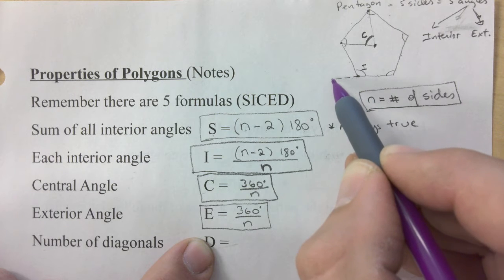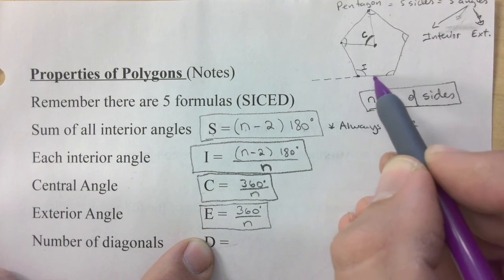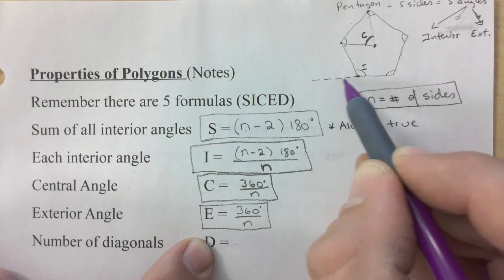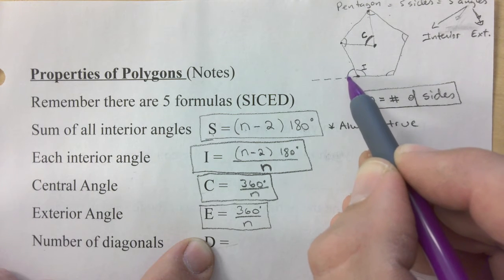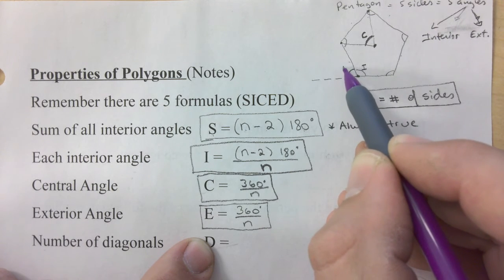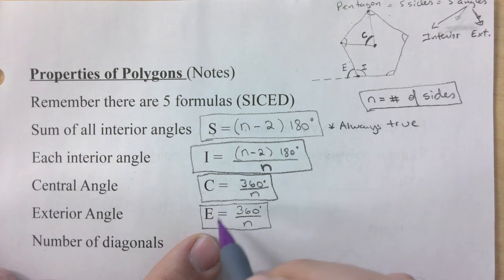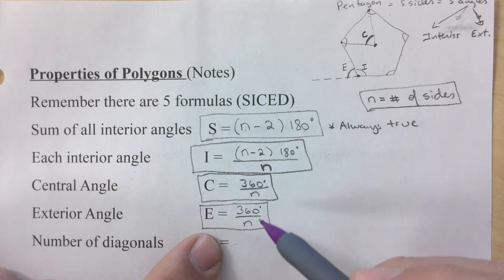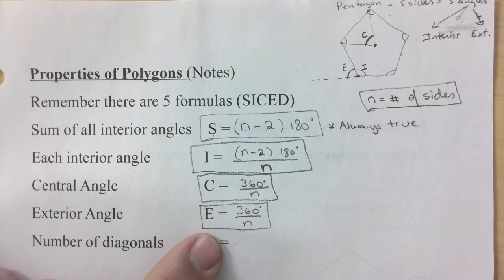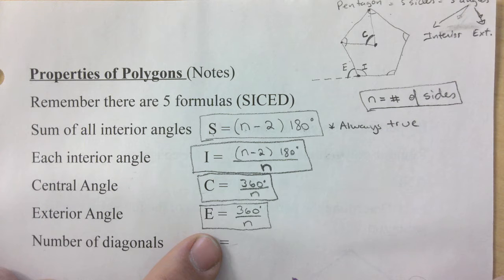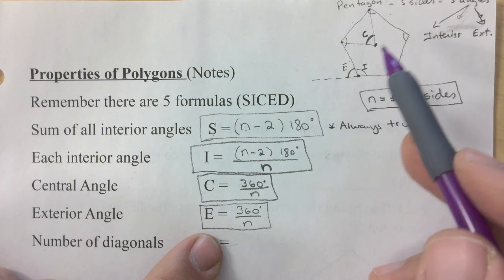If you come out and make a dashed line like that, just extending this side, for example, you get on the outside here something we call exterior angle. So that's how you find the exterior angle. And so the central and exterior are always the same. But you need to be able to label them accordingly.